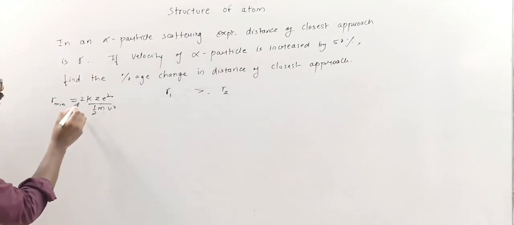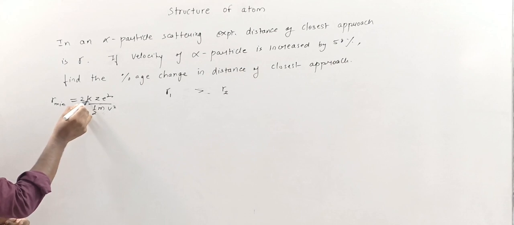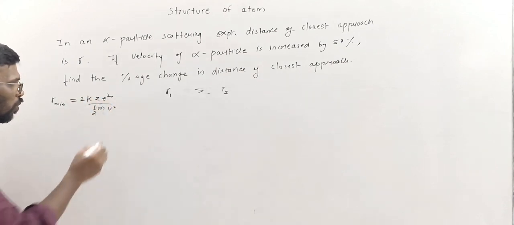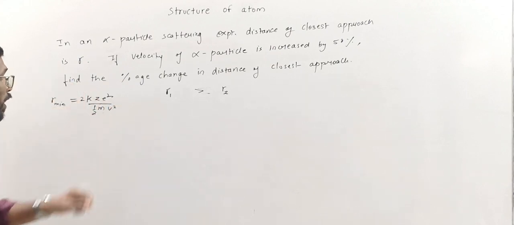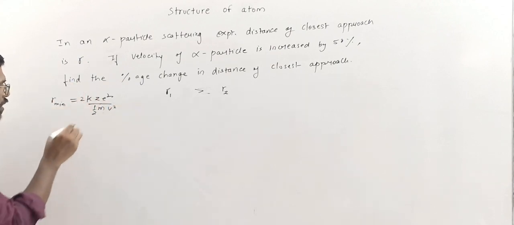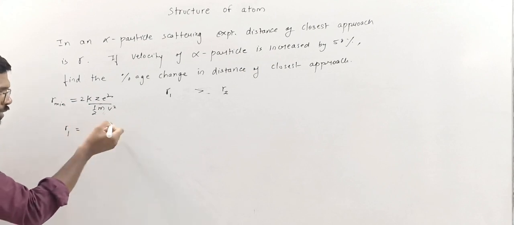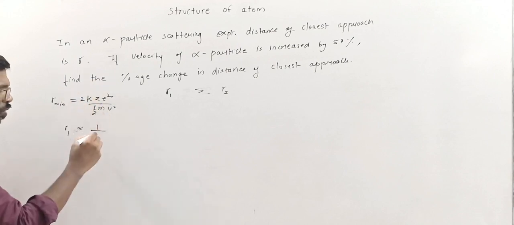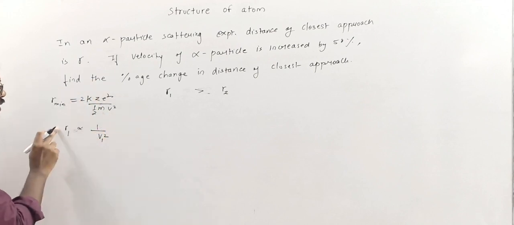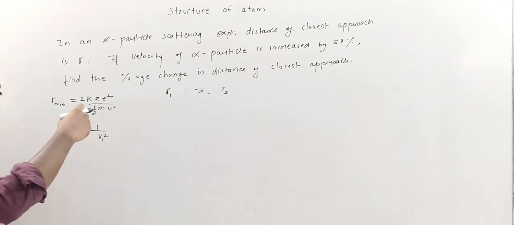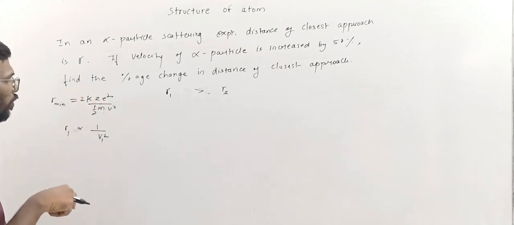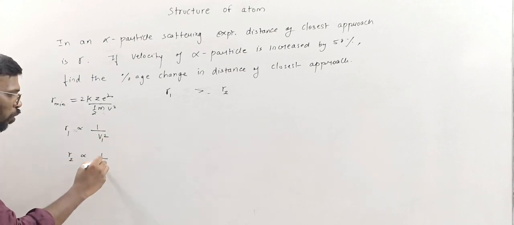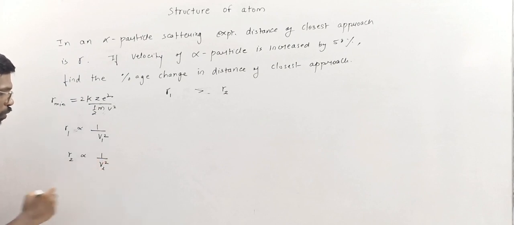In this formula, 2 is constant, k is constant, Z is constant, the mass of the alpha particle remains constant, and the charge is constant. What can be varied is the velocity. So I can write the simplest formula: r1 is inversely proportional to v1², since the rest of the things are constant. r1 is when it is traveling with velocity v1, and r2 is when it is traveling with 50% more velocity, v2, whole squared.